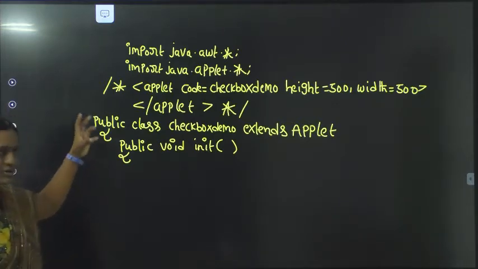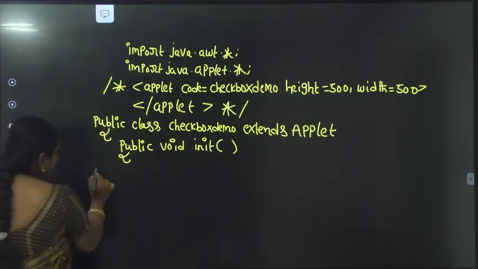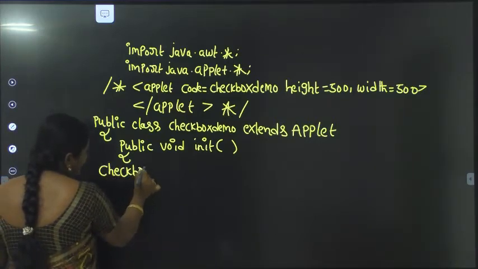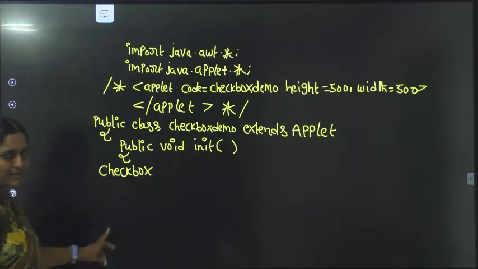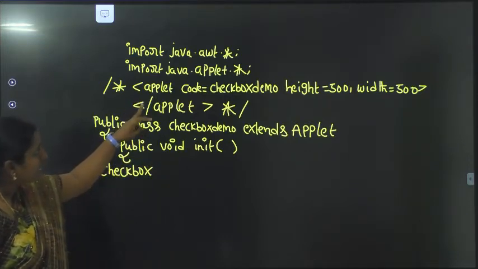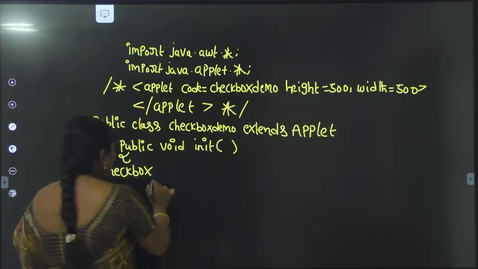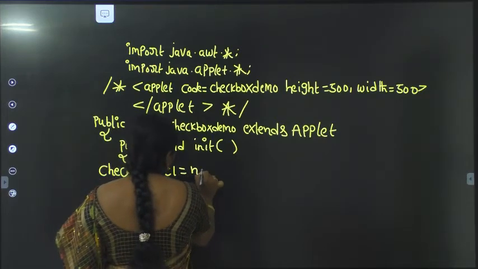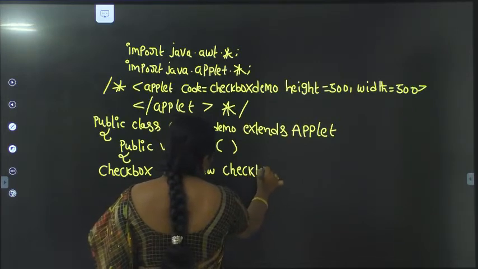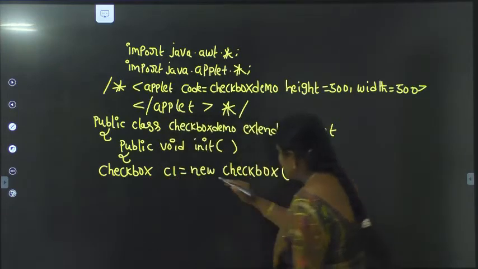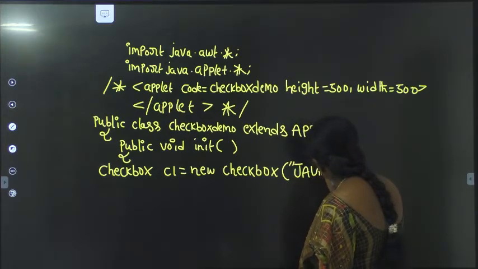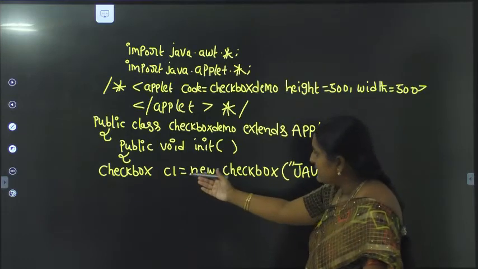So here I am creating objects of the Checkbox class. Checkbox is a predefined class. In which package is this class present? The AWT package. That's why we are importing the AWT package in our program. So Checkbox c1 equal to new Checkbox("Java").